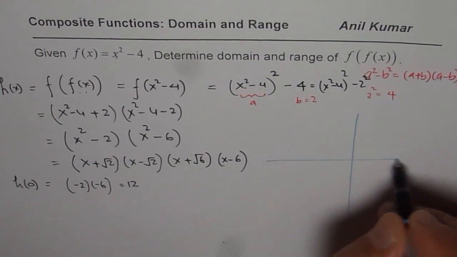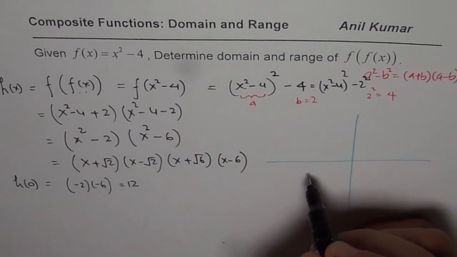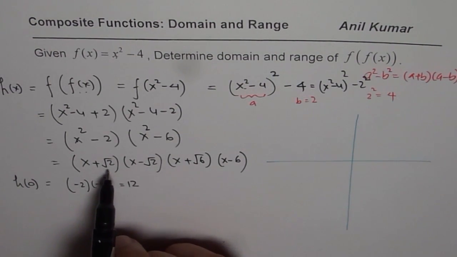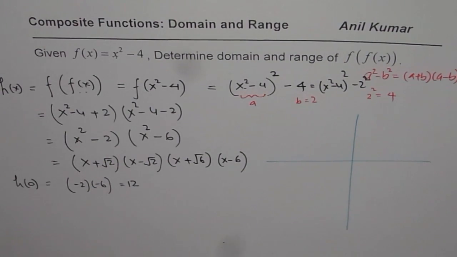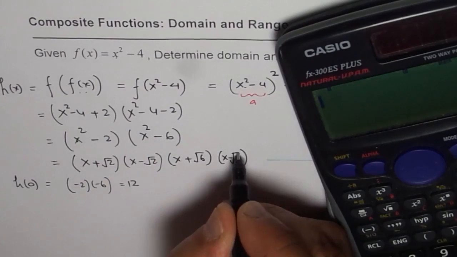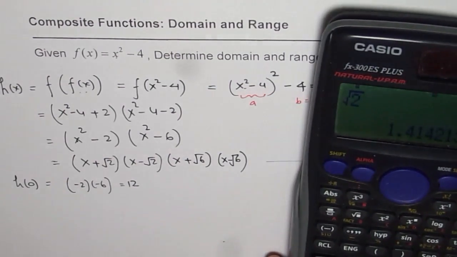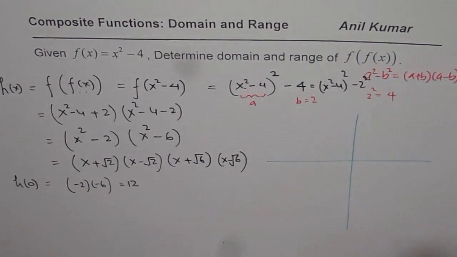Based on this, let us sketch the function. We get a function which has roots at plus square root 2 and minus square root 2, and square root 6. Square root of 2 is approximately 1.41, so plus minus 1.41.